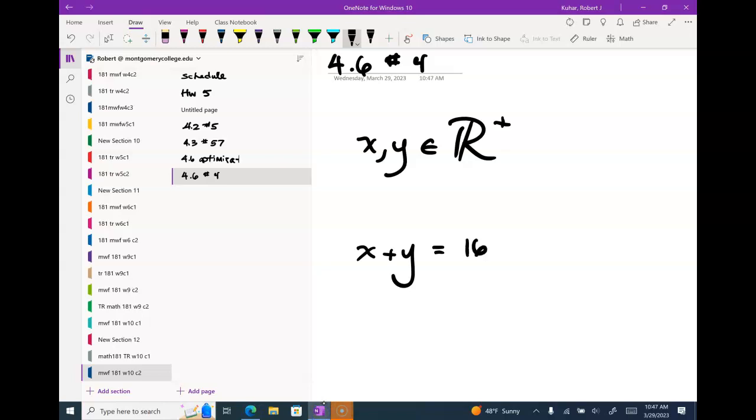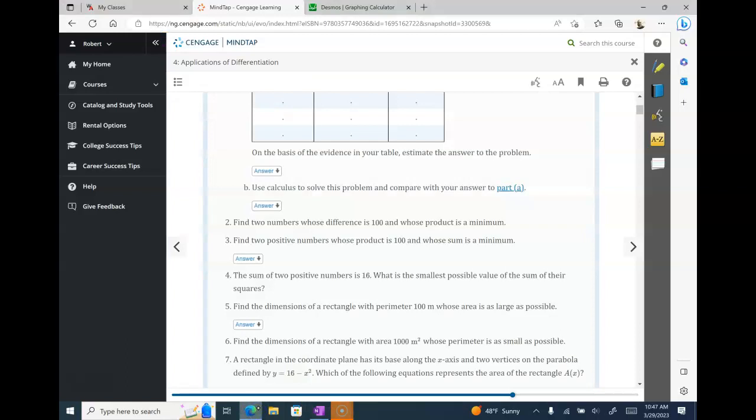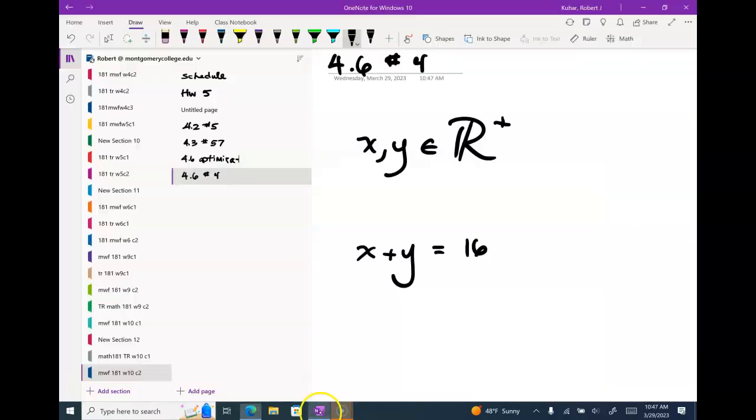And then I want to minimize, what is the smallest possible value of the sum of their squares. I want to minimize x squared plus y squared.